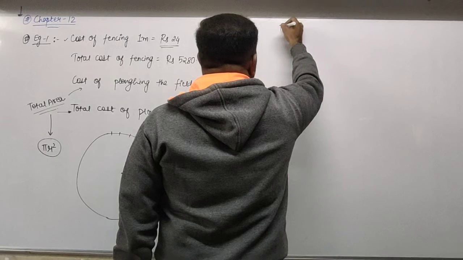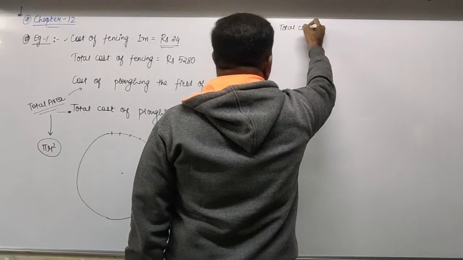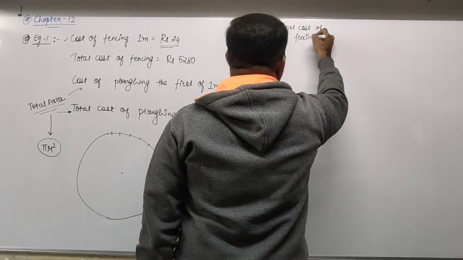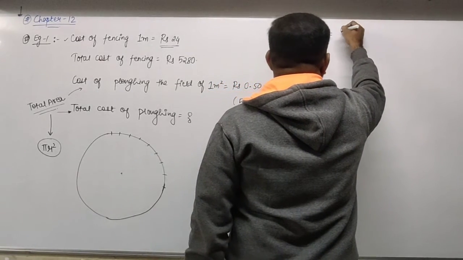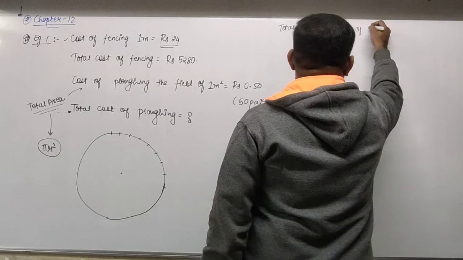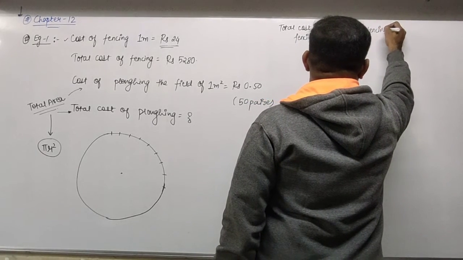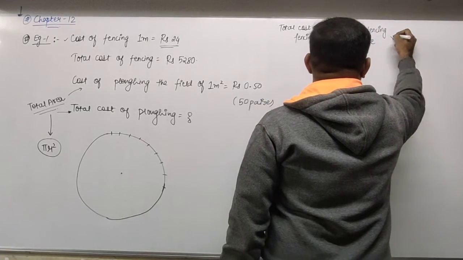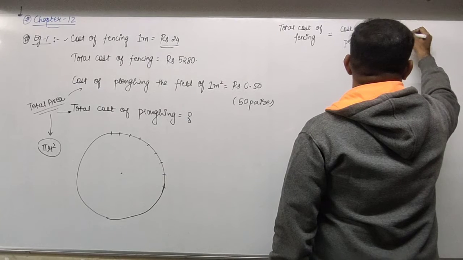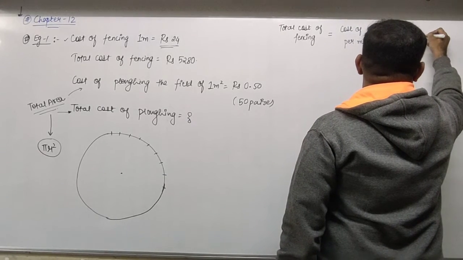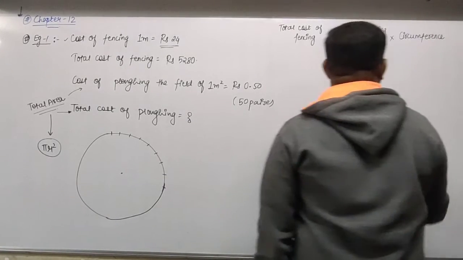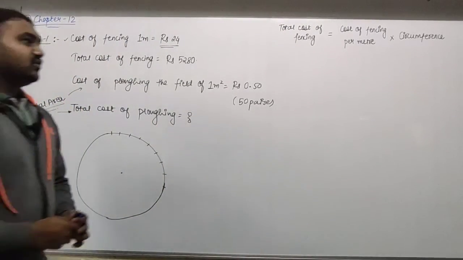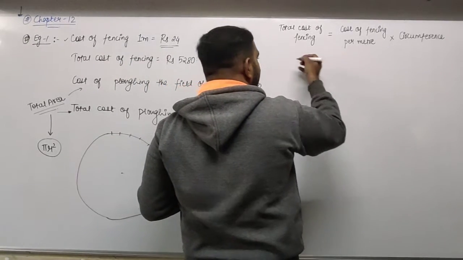Total cost of fencing is equal to cost of fencing per meter multiplied by the circumference.